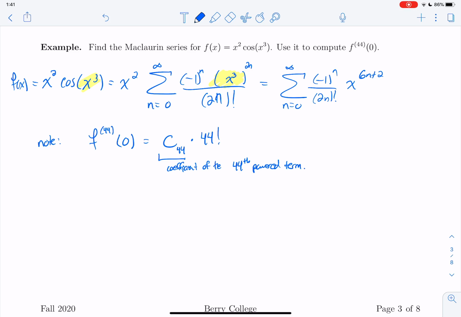That's the key. What that means is we're going to take this power, 6n plus 2, and set that equal to 44, and that will imply that 6n equals 42, and therefore n is equal to 7.